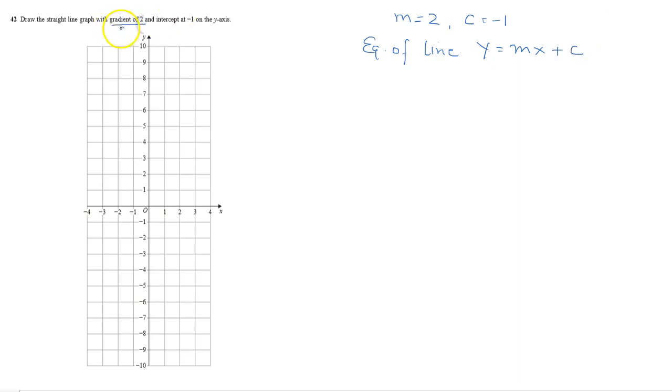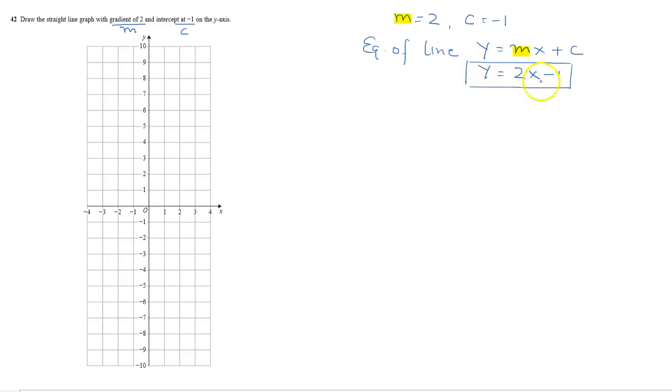This gradient is m and this intercept is c. So we can replace this m by 2. So we will write y is equal to 2x and c is -1. So instead of this c, we will write -1. So this is our equation of the line.